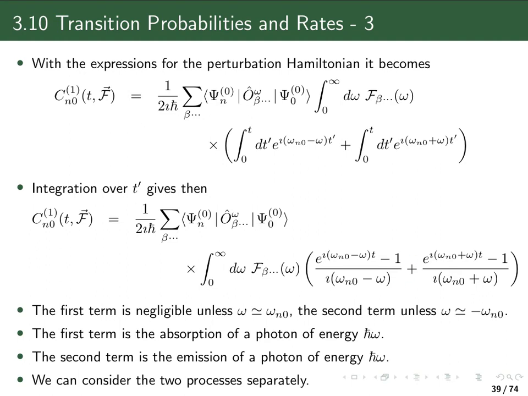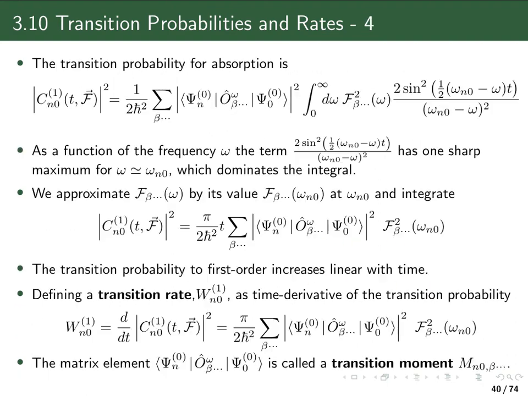The transition probability, the norm squared of this term here, which is the norm squared of the expansion coefficient, is then given like this, where this is the result of taking the square.